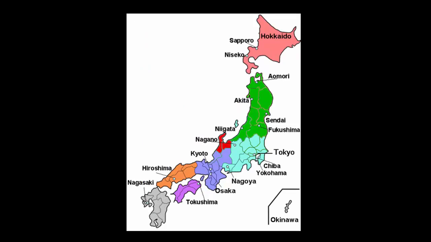Now, just to give you an idea of the regional differences of Japanese art, during the time period that we're looking at, Japan was divided into provinces, precincts that were ruled over by warlords in a kind of a traditional feudal system.